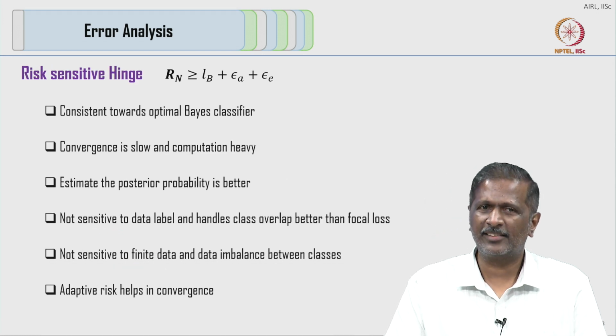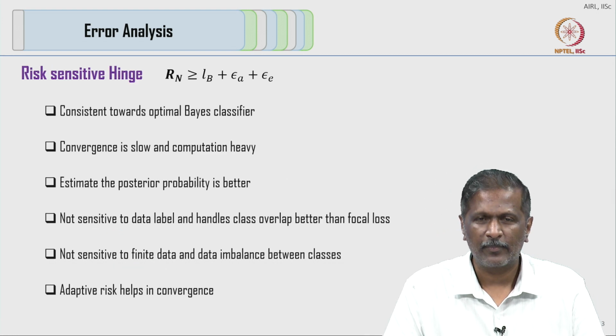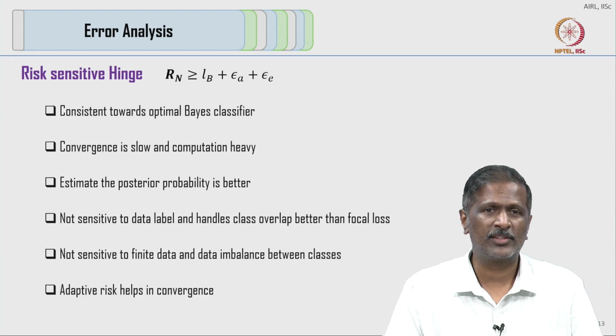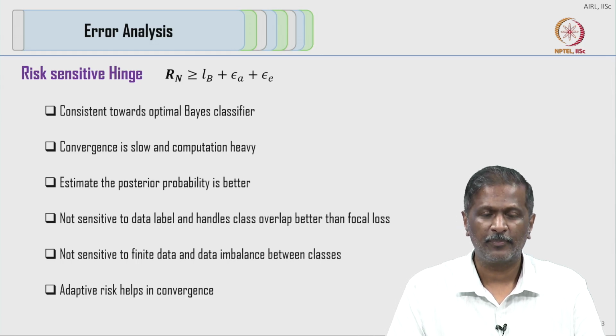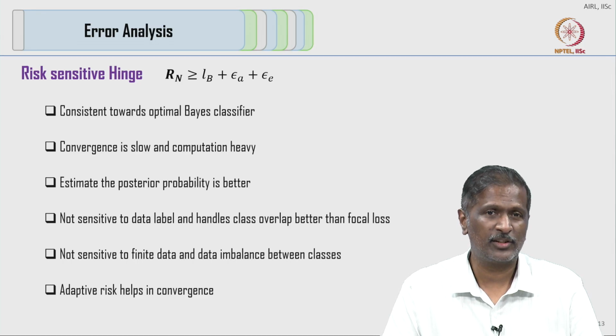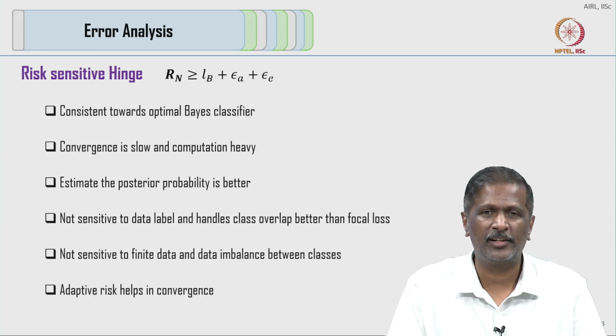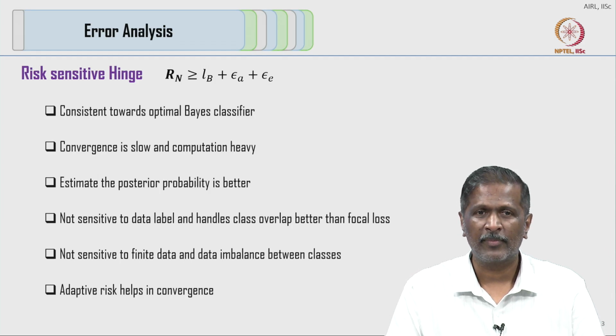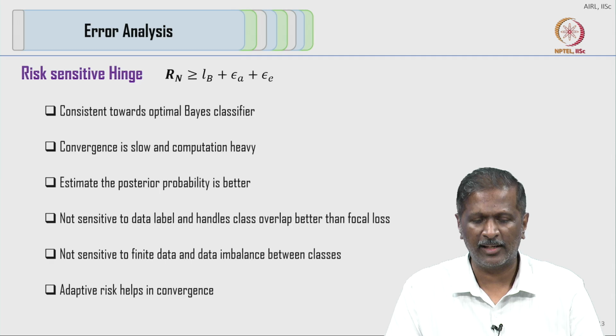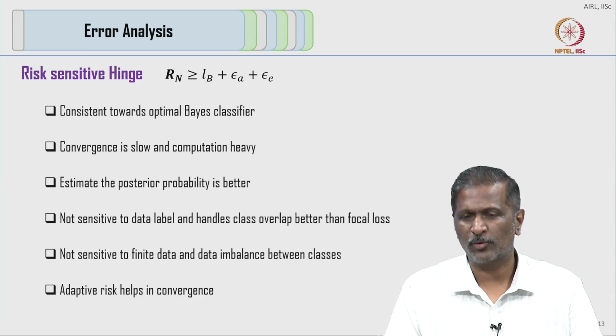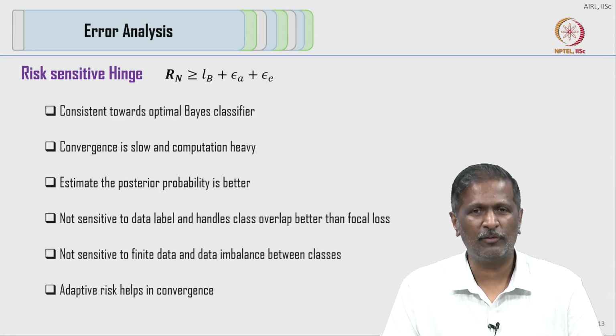Now, if you look at the risk-sensitive hinge loss function, it is also consistent towards the optimal Bayesian classifier, but its convergence is slow because the computation is heavy. You have various subgradients for different conditions. It estimates the posterior better than modified least square. It's not sensitive to data labels, and it handles class overlap better than the focal loss.